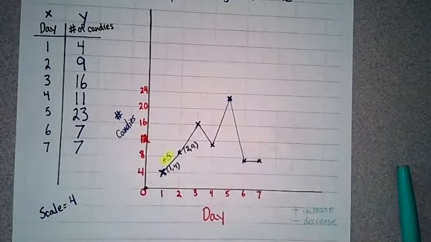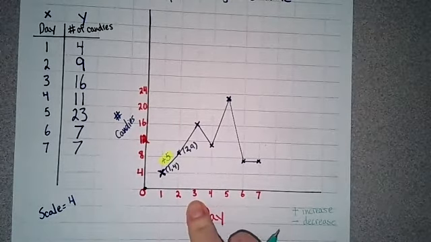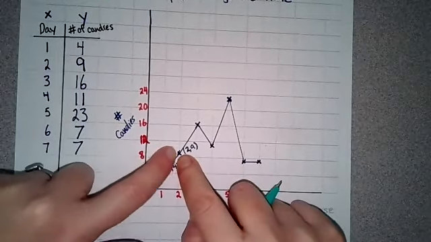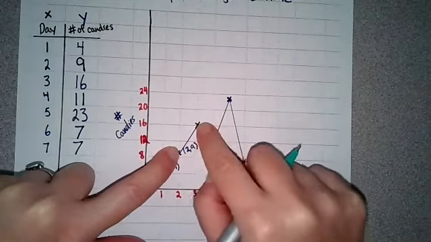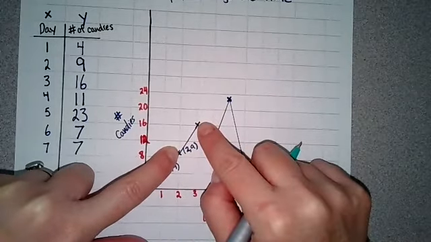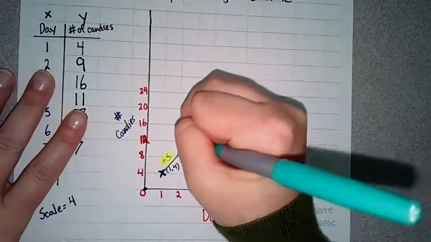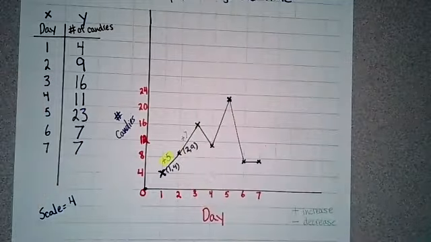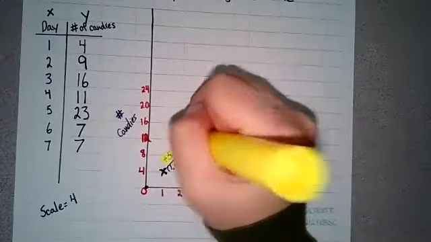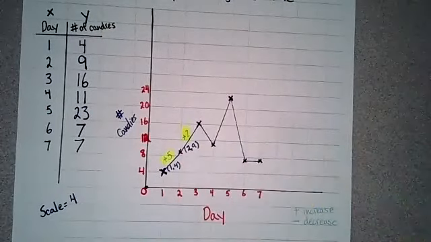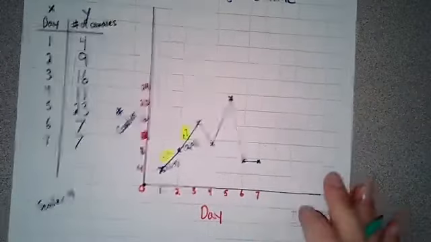Okay. Then let's do the change from day 2 to day 3. From day 2, it went from 9 to day 3, it went to 16. So 16 minus 9 means that it increased 7. So you're going to write plus 7, and you're going to label and you're going to highlight it, because it is important that you label your intervals.